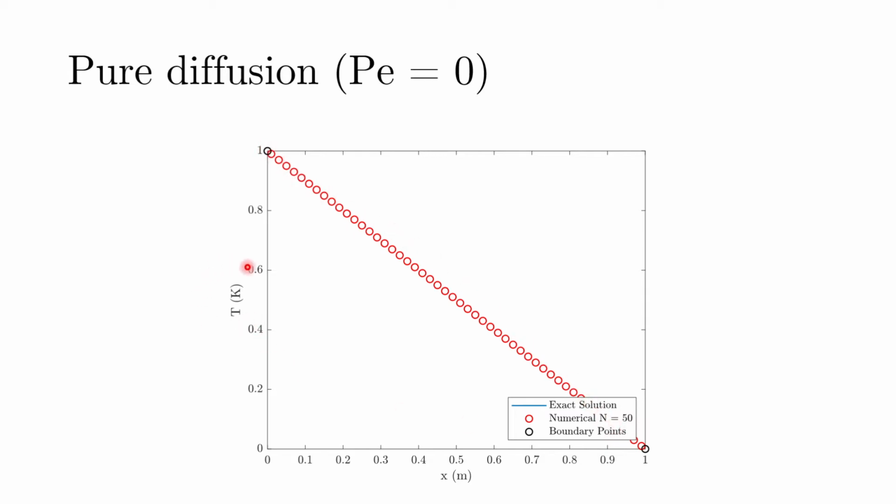So please, I'm sorry that I'm still using t on the y-axis here. I should have simply called it a phi variable. So I hope you understand that in the case of pure diffusion, the central differencing scheme is just fine. So Peclet number as 0 is not a problem.